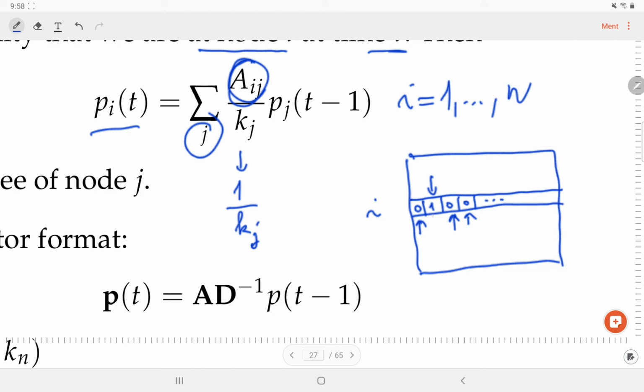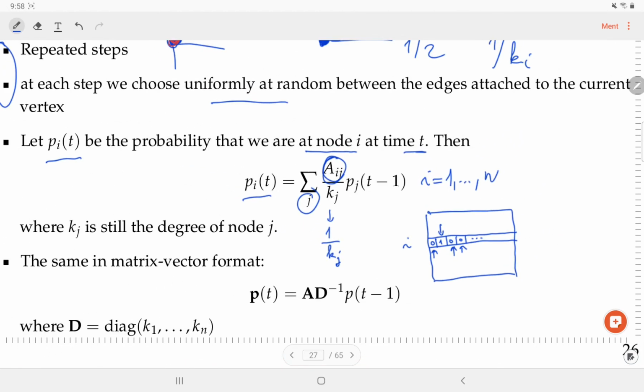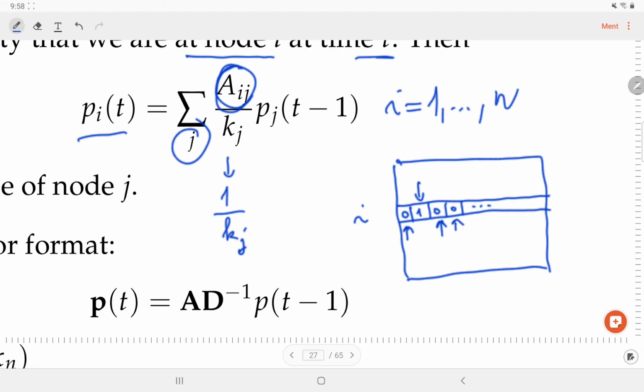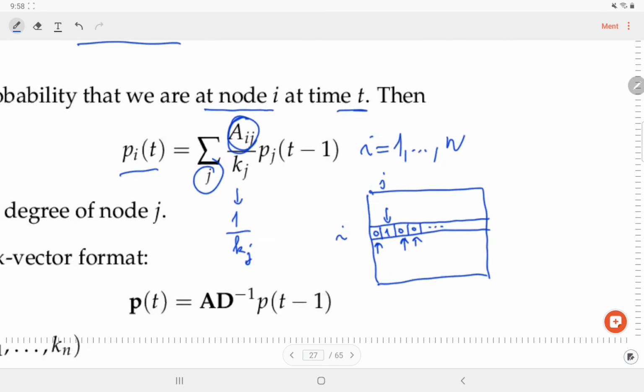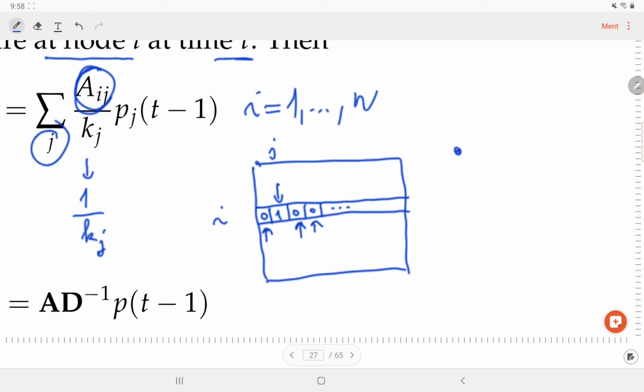So what is that? For this node j, we know, because in the adjacency matrix we have an entry 1 at j, and now j equals 2, for example, that node i is definitely connected to node j. And node j can have as many edges as it wants.